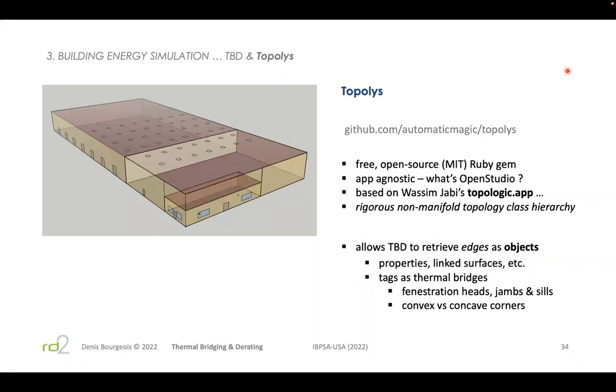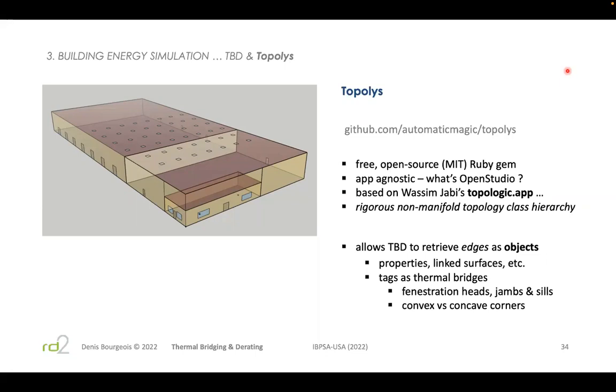Okay, there's a key feature to TBD, which is the Topolis library. If you look at the building on the left, so this is the US commercial benchmark building for warehouses. It has about 300 edges. They're all drawn on the screen. What's missing from the OpenStudio / Energy Plus data model is surface edges as entities or as objects.